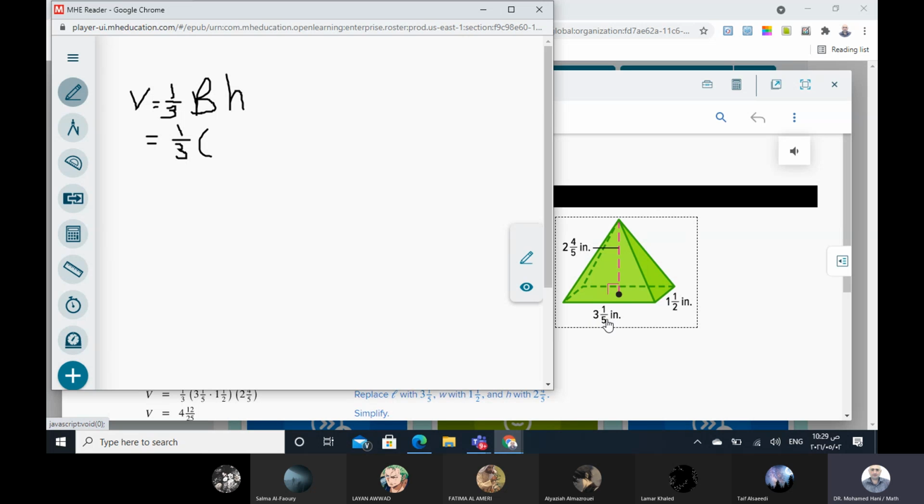Change it to a fraction: 3 times 5, 15, 15 plus 1, 16 over 5. Times the width here, 1.5. Change it to a fraction: 1 times 2, 2, 2 plus 1, 3 over 2.